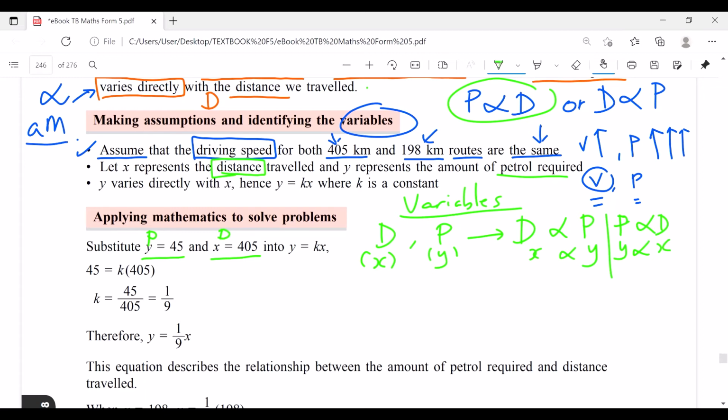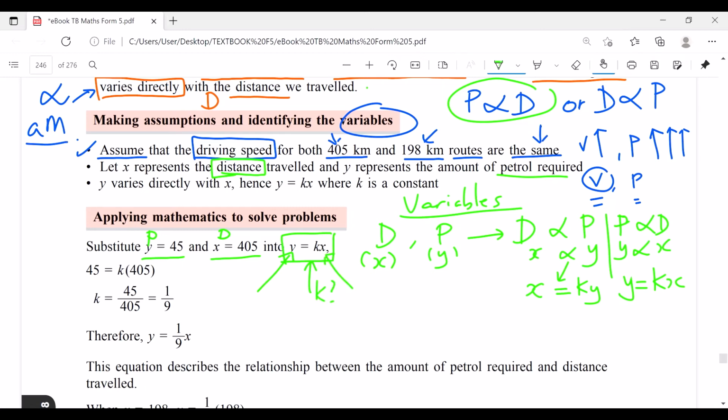So this one, you remember, you want to change it into an equation, X equals ky, and this one Y equals kx. So for this example, Y equals kx is used. You just substitute your petrol here and this is your distance, to find your k.